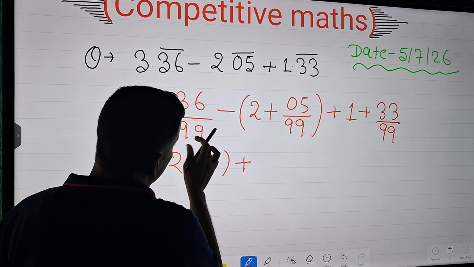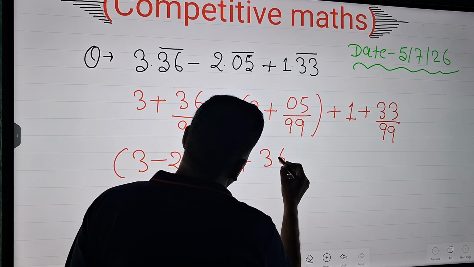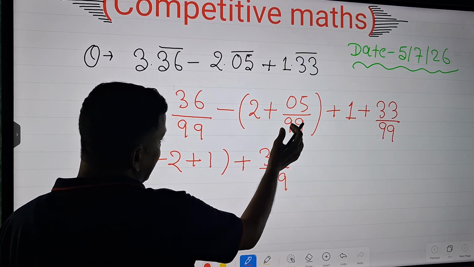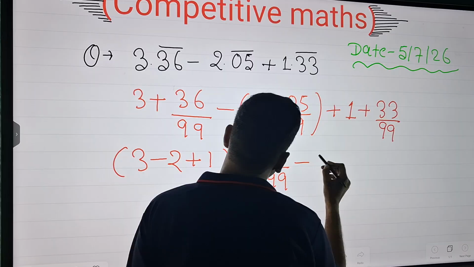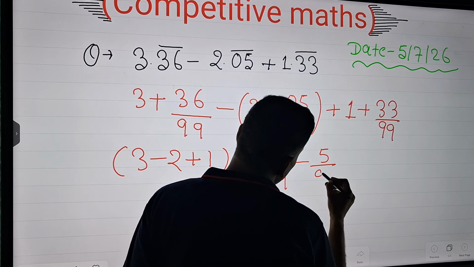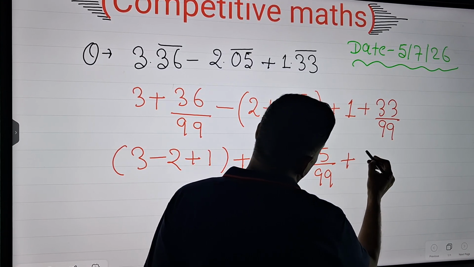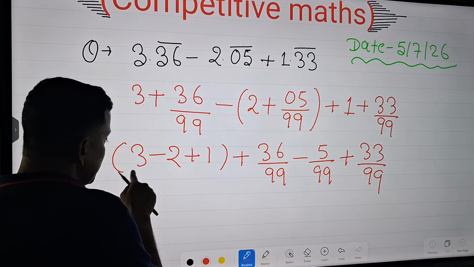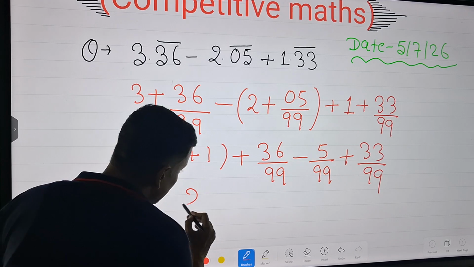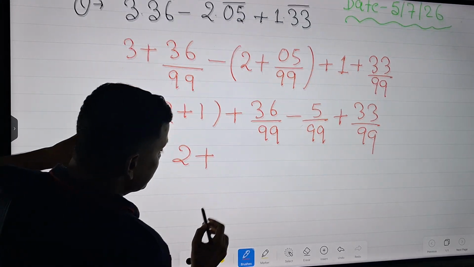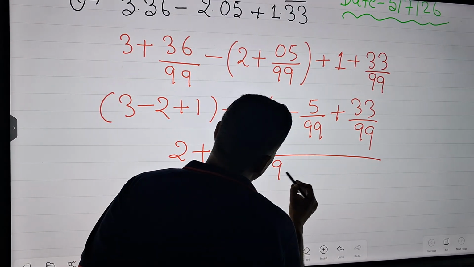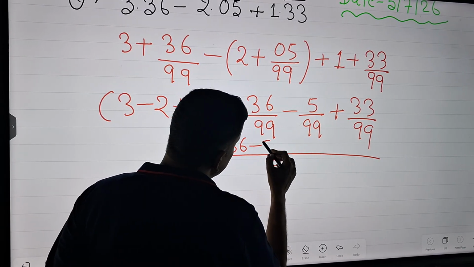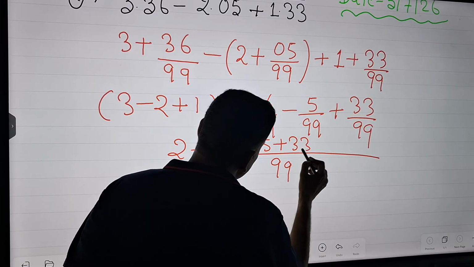And what about the fractions? You have to add 36 by 99, and this 5 by 99 will come out with minus, so it will be 5 by 99, and this is 33 by 99. 3 minus 2, 1 plus 1, 2, so it will be 2 plus, and if you take the LCM, it will be 99, and in the numerator it will be 36 minus 5 plus 33.